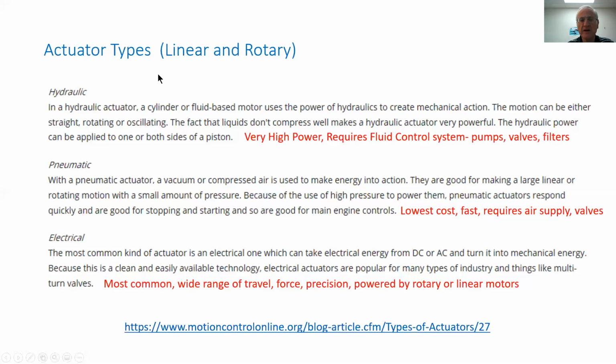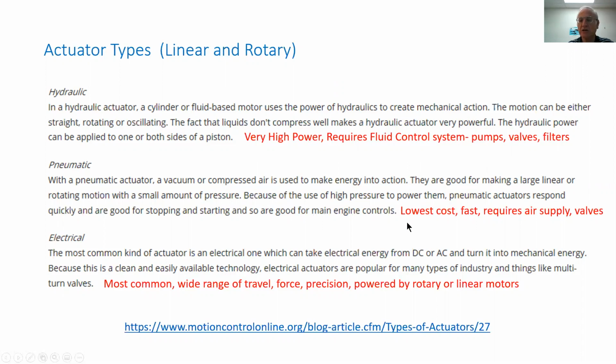The main types of actuators that we work with in mechatronics include hydraulics. They are very high power. They require a fluid control system, including pumps, valves, and filters. Also very common is the pneumatic actuator.